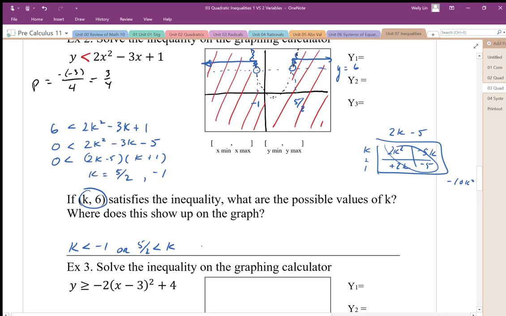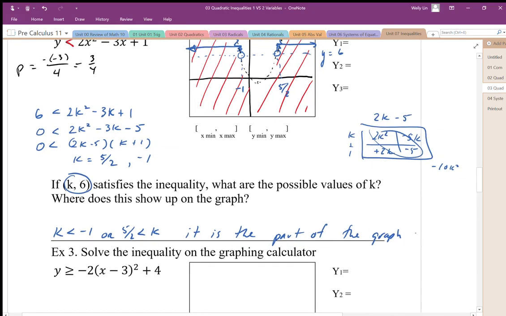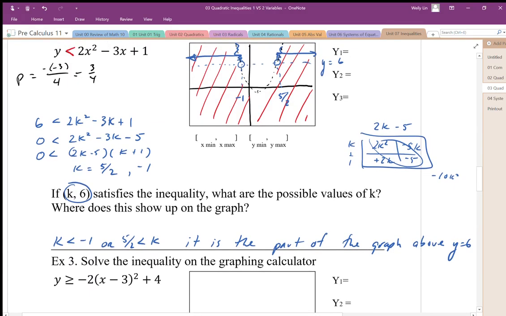It is the part of the graph above y equals 6, and the boundary points are going to be at negative 1 and positive 2.5.